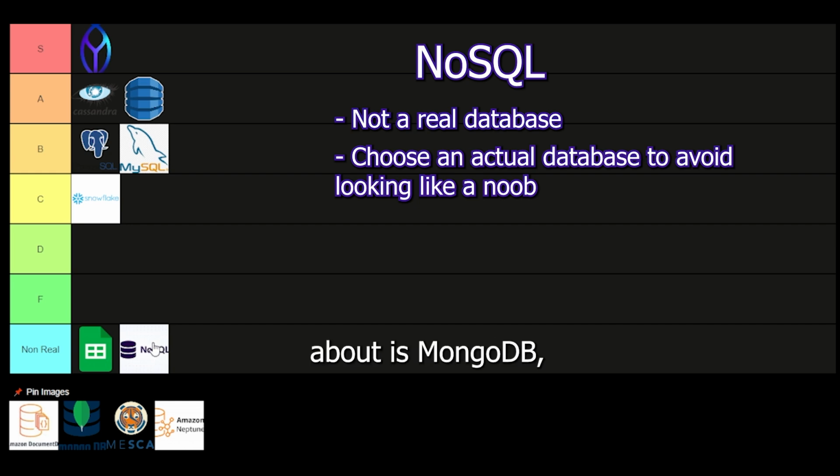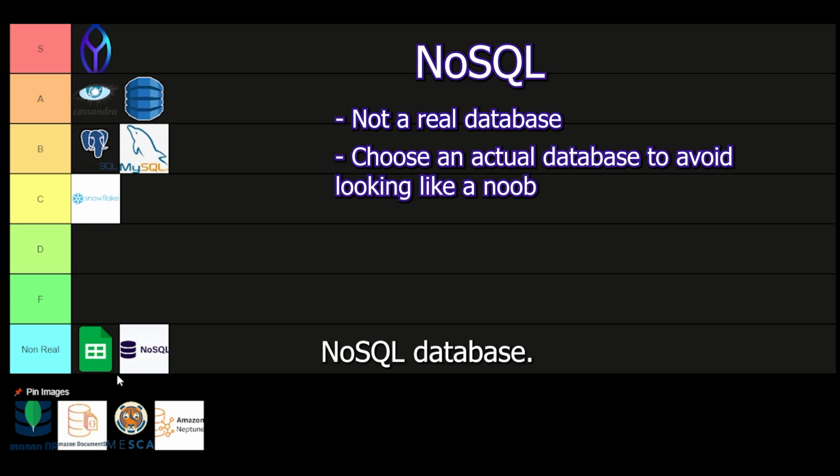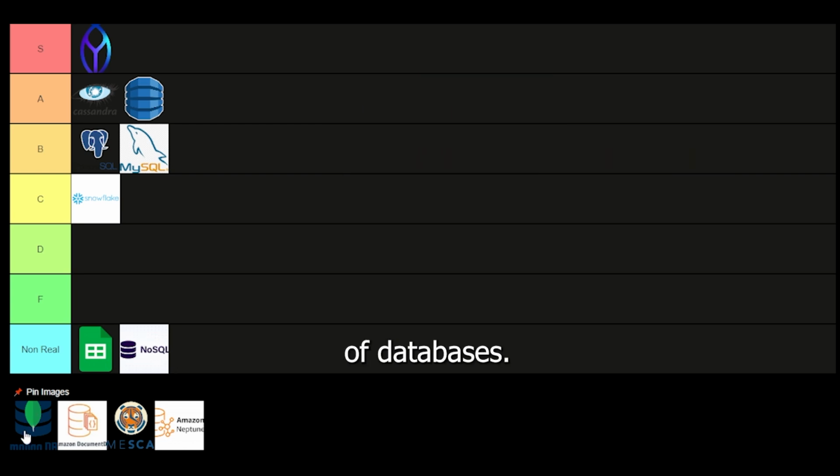The next one that we're going to talk about is MongoDB, which is probably the most popular NoSQL database. So rather than saying I'm going to use NoSQL as my database, I would suggest that you actually learn one of the databases. So this one's going to find itself in the non-existing tier because this is not a real database. It is a family of databases.